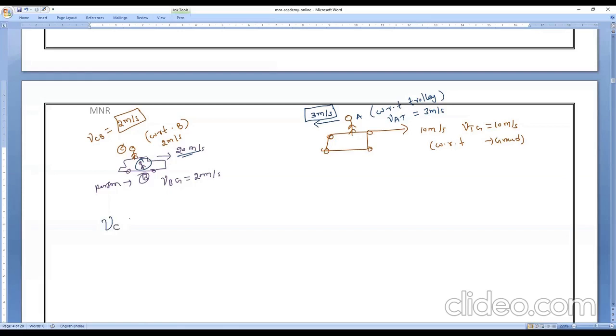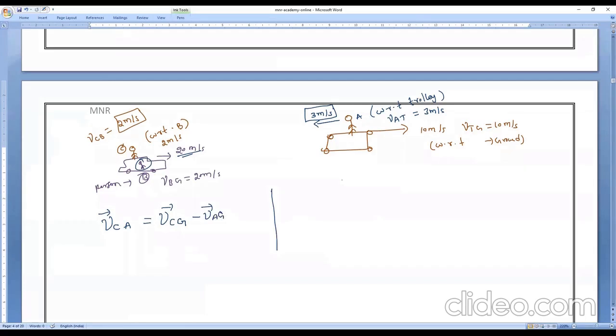Now, my question is to find the relative velocity of C with respect to A. Find the relative velocity of C with respect to A. So what will the formula be? The relative velocity of C with respect to ground minus the relative velocity of A with respect to ground.